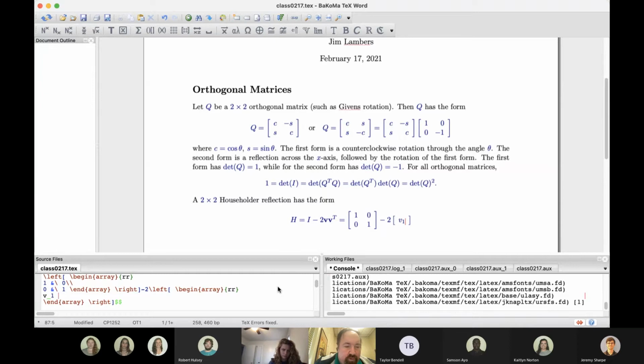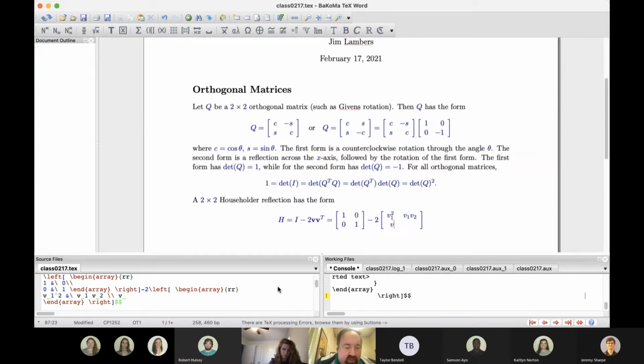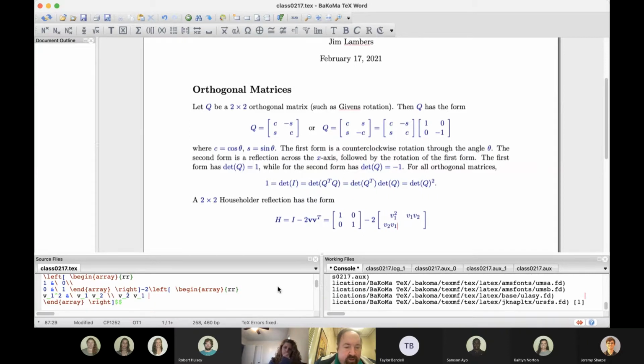It's all possible products of individual entries of a vector you're taking the outer product of. So that'd be v1 squared, and then I'd have v1, v2, and then v2, v1, and v2 squared.